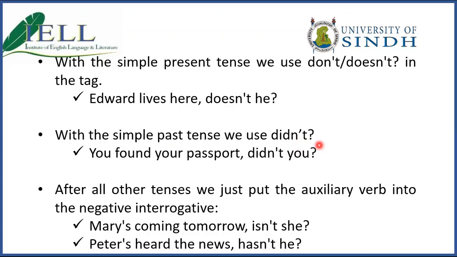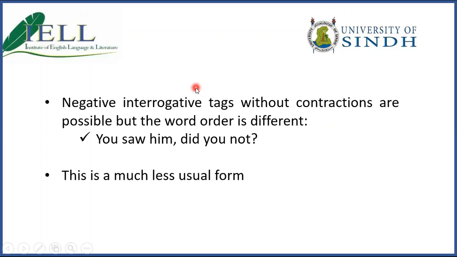If you practice them, it will be easier for you to understand. Just go with the same verb that is used in the previous part of the sentence and then put it into the tag. Okay, and you need to remember that we would go negative for the positive and positive for the negative. All right. So negative interrogative tags without contractions are possible, but the word order is different.